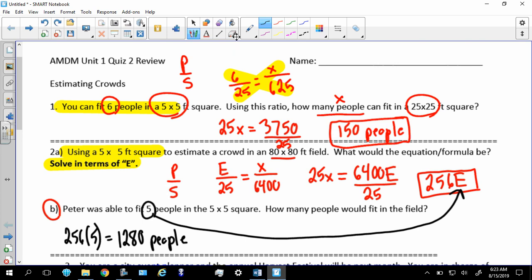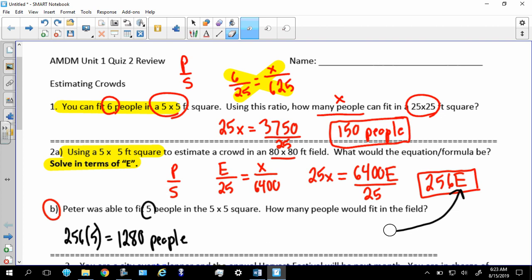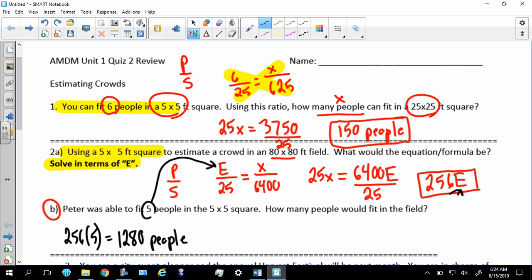Now, if you're someone who's like, okay, I'm going to forget that, then this is what you can do. Rather than plugging it in for E, like what I just did, you can take 5 and go back to your original proportion and make that into a 5.